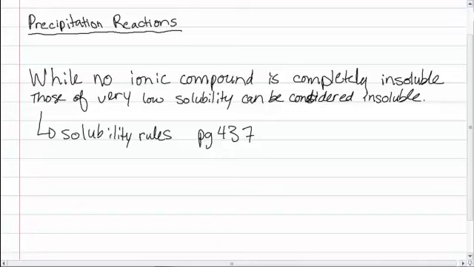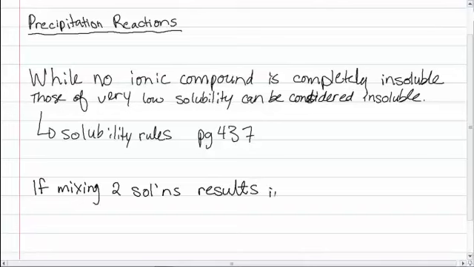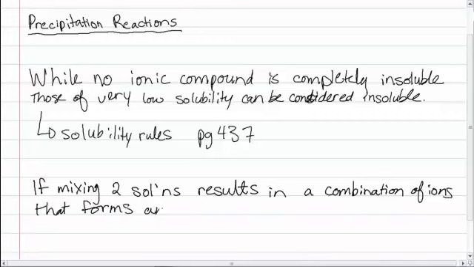So we're looking at precipitation reactions. We want to know if mixing two solutions results in a combination of ions that forms an insoluble compound.